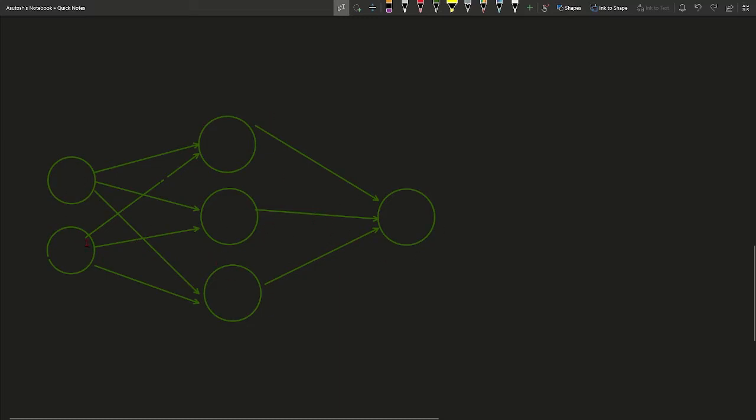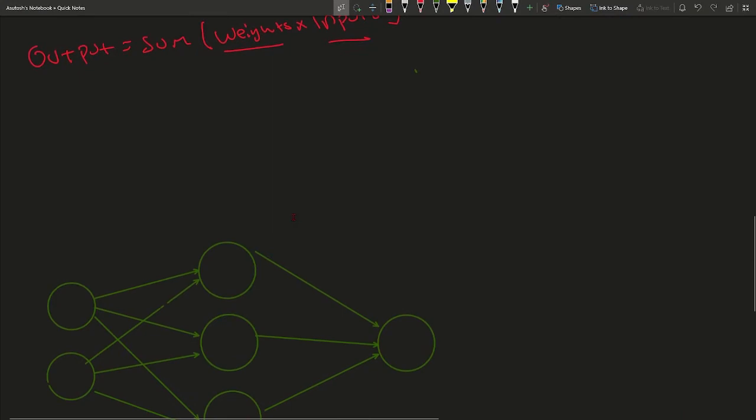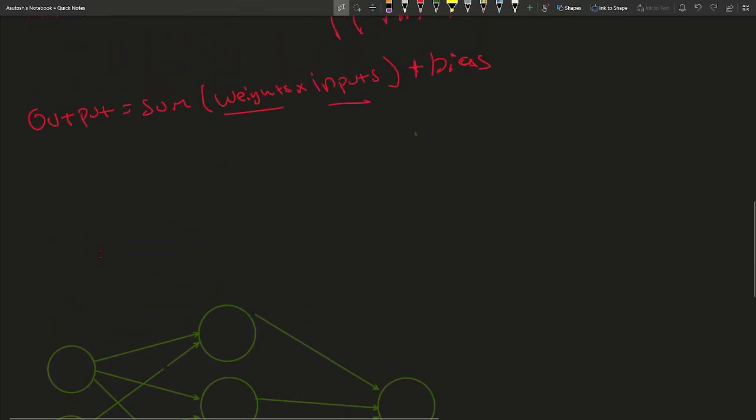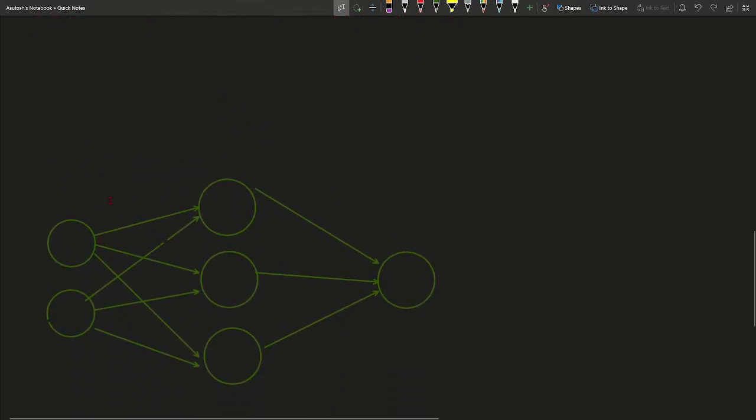We'll add numbers to it, go from input to output, and determine what our output is going to be using the math we learned earlier. When we do this, it's called propagating through the network, and this is what a forward pass is. It's simply propagating the inputs through the network to get an expected output.